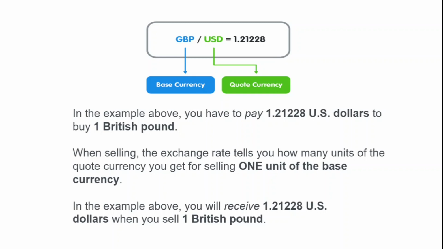When selling, the exchange rate tells you how many units of the quote currency you get for selling 1 unit of the base currency. So what do they mean that when selling? Here it means if I speculate that the pound is going to get weaker, that means I'll be selling it.